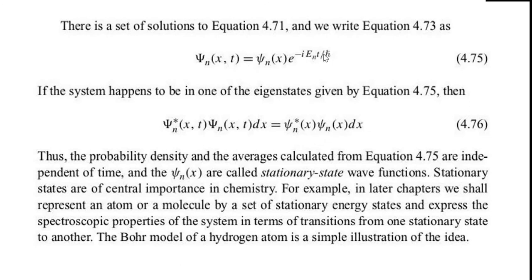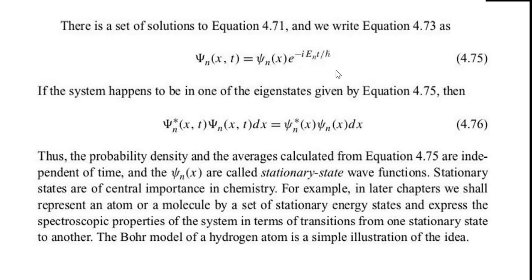You are taking the product of this into the mod of this. Now, if you take the complex conjugate of this capital psi, what do you get? Small psi n star, and the conjugate of this quantity is nothing but e to the power plus iEnt by h bar, isn't it?